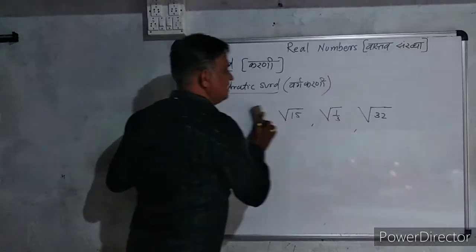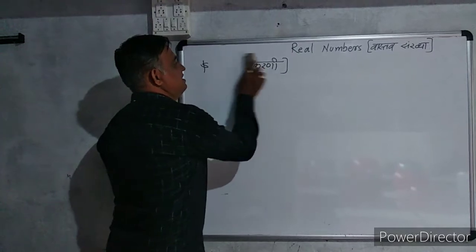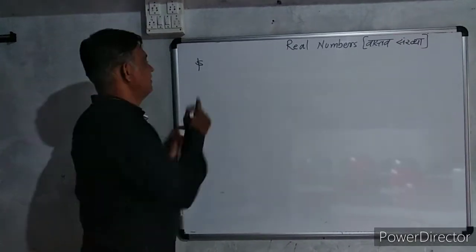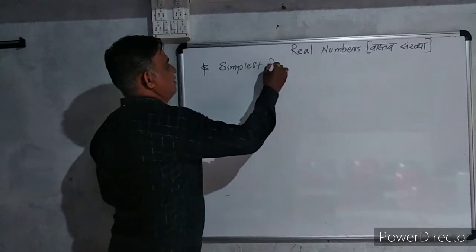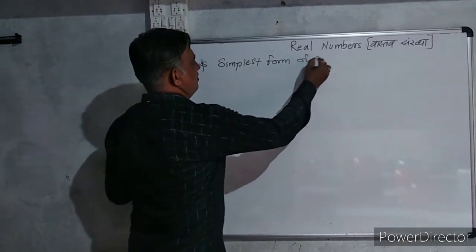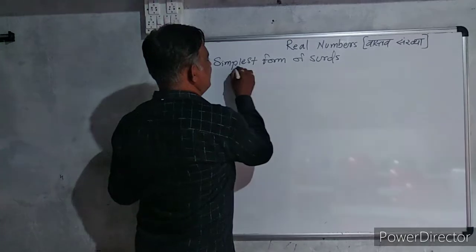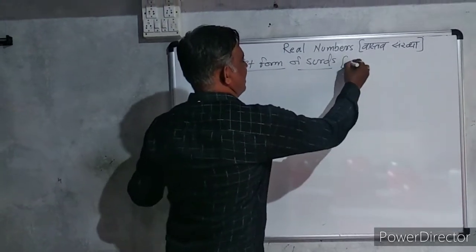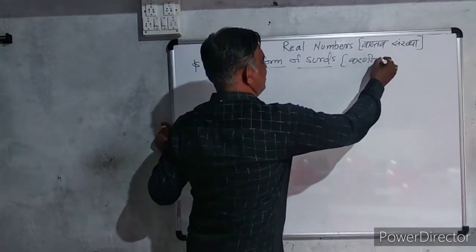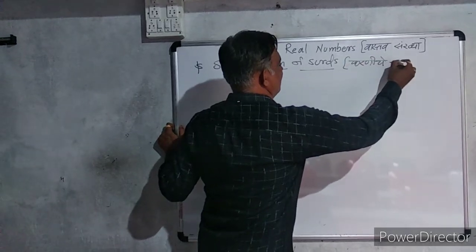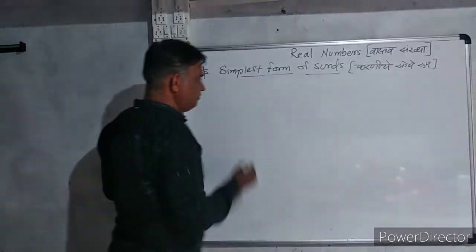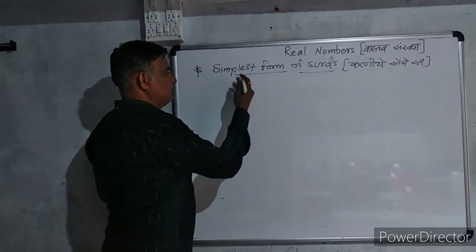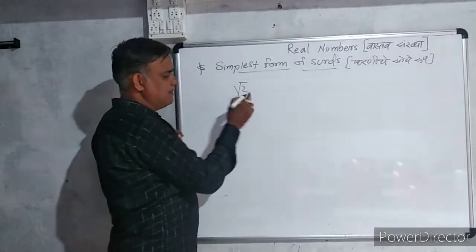So our next point is to write the surd in simplest form. मराठीमध्ये करणीचे सोपे रूप. Radicand 2, it is simplest form.